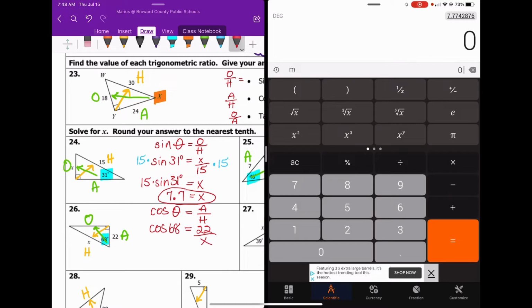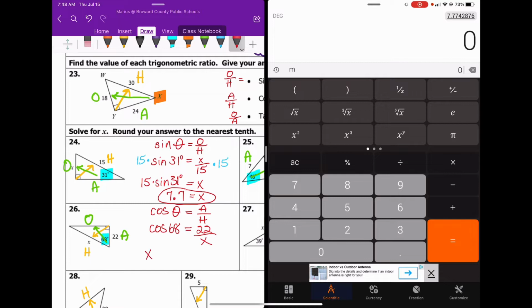Now, in order to solve for x here, the way to remember how to do this is when x is in the denominator like this, we have to take the inverse cosine of 68. I know that sounds a little complicated, but this is basically what we're going to end up doing.